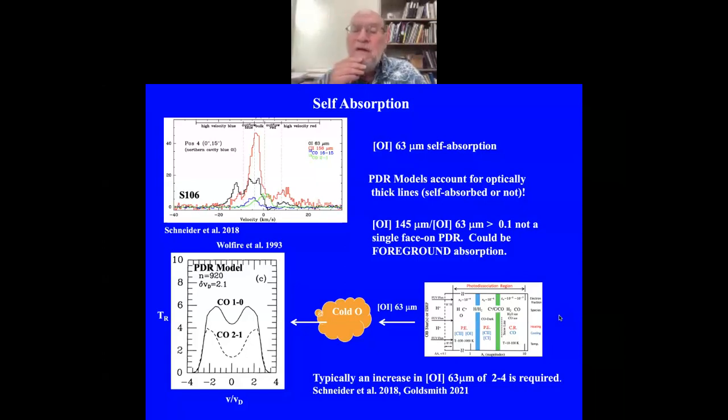Typically, it's found, at least so far with the limited number of observations, that an increase in the 63 micron line of about 2 to 4 is required to bring that 63 micron line back into agreement with models.